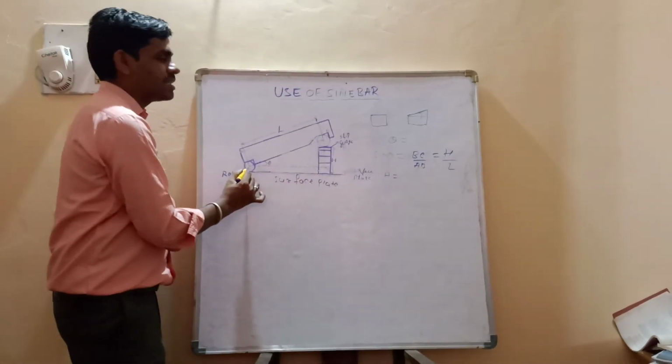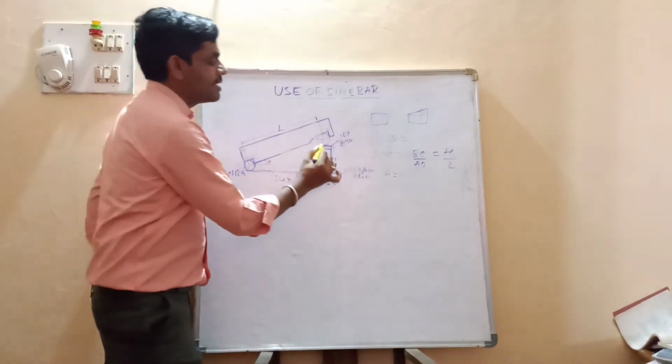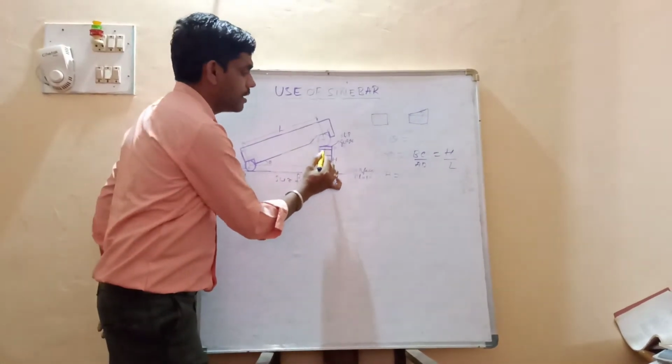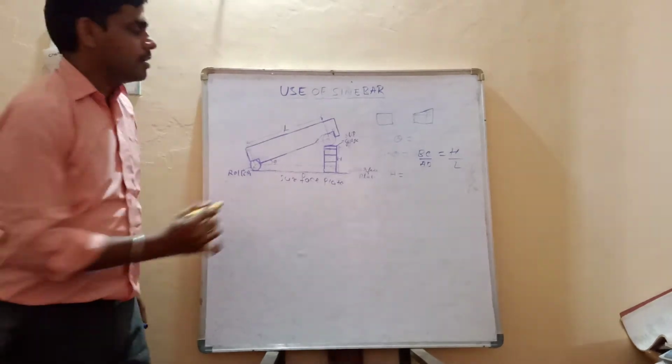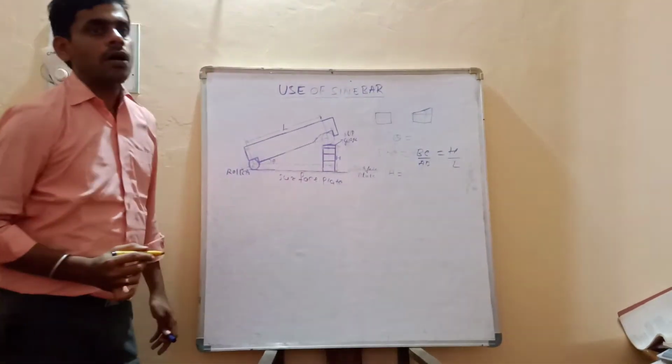One end of the roller is placed on the surface plate, whereas the other end of the roller is located above the slip gauge. That is the initial or approximate height.